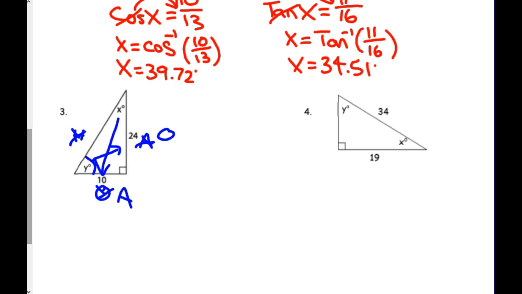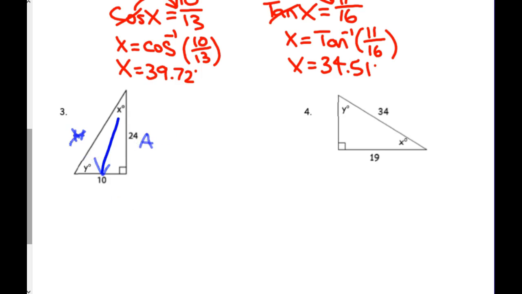Starting from x, it was 10 over 24. Starting from y, it's 24 over 10. So they're actually different. It doesn't give you the same answer for each angle. Right, 2 separate answers. But if you just find one angle, it'll be easy to find the second. I'll show you how.